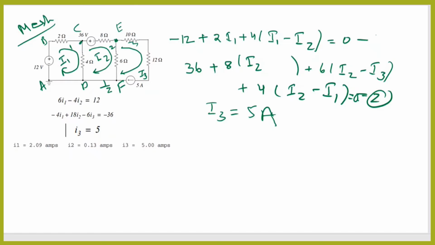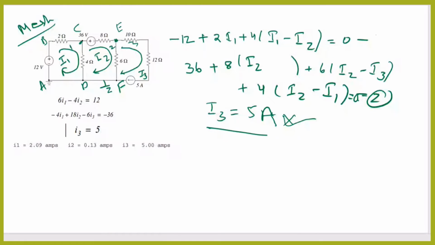Because there is no voltage source in the loop. If there is a voltage source, then you should not write like this; this will become wrong. Now this is right because only a single current source is in the loop. So I can directly write I3 is equal to 5 amperes. Now I got the I3 value.